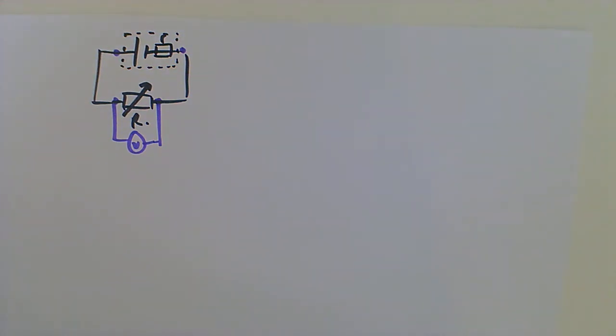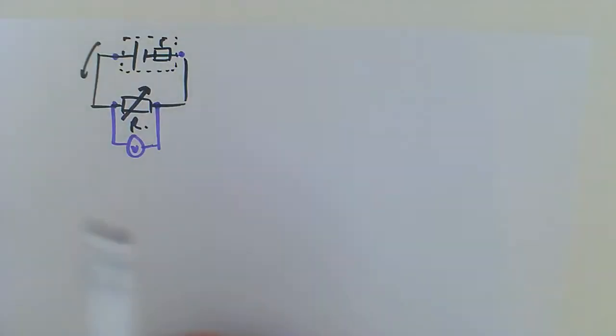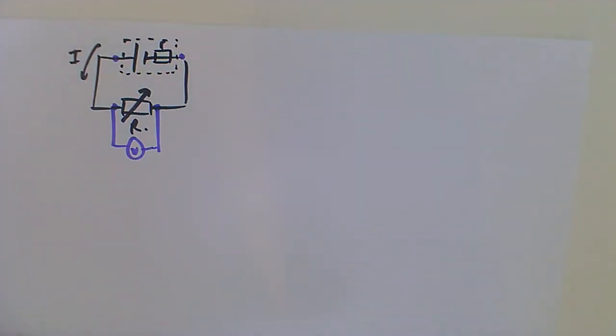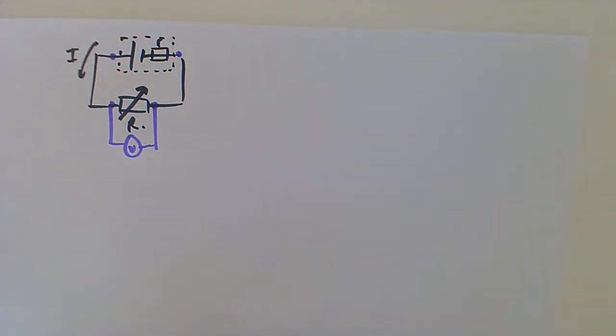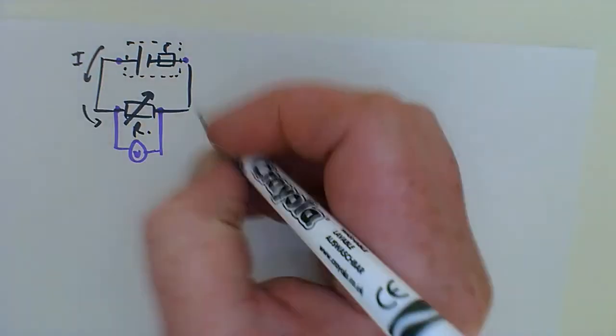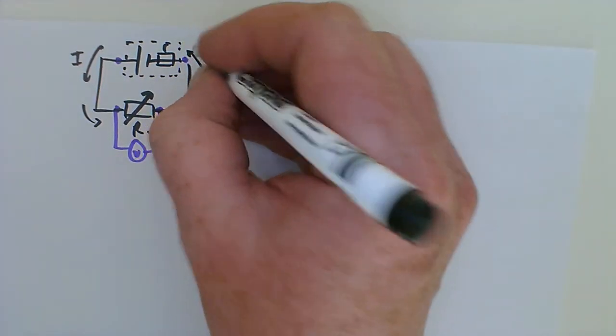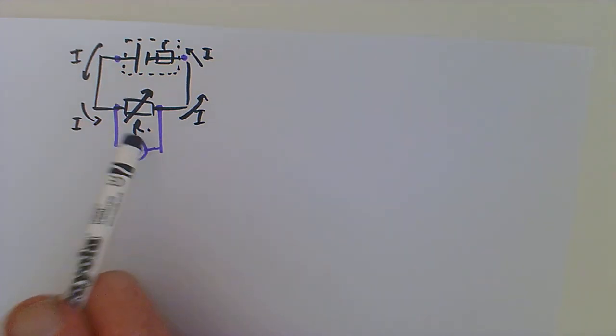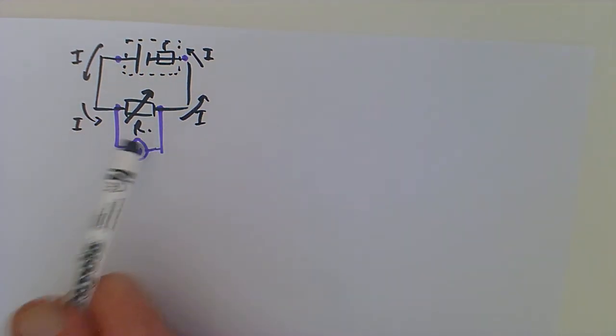Brilliant. Right, what we're going to do then is vary the current going around the series circuit. So we know that I is going to be the same at all points. But whenever we change R, then I will change with it.